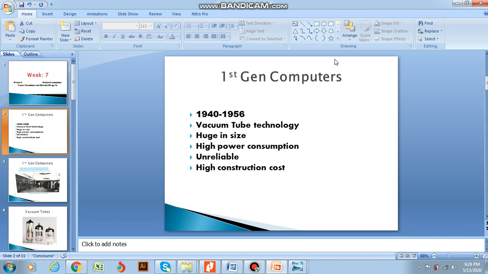These computers were also unreliable as these tubes couldn't operate very fast and also broke down frequently. The construction cost was very high as the tubes were expensive and the cable connection required careful work by many technicians. The most famous computers of this time was ENIAC 1946.